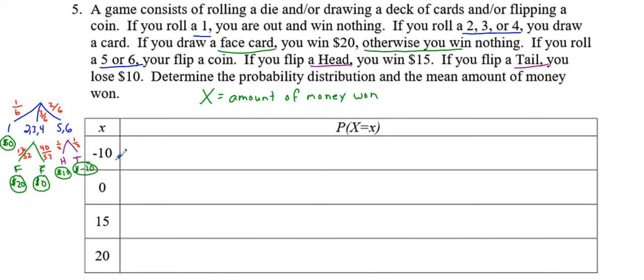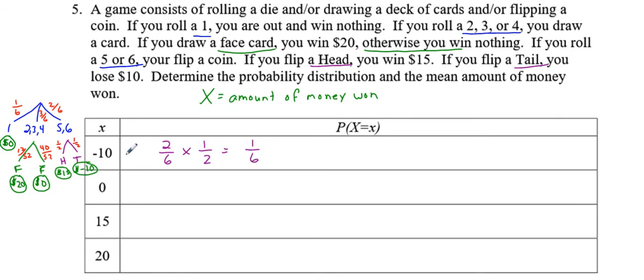So the probability of losing $10 means you have to roll a 5 or a 6, and flip a tail. So to calculate this probability, we have to roll a 5 or a 6, which is 2 over 6, and flip a tail, which is 1/2. And that works out to 1 over 6 in lowest terms.